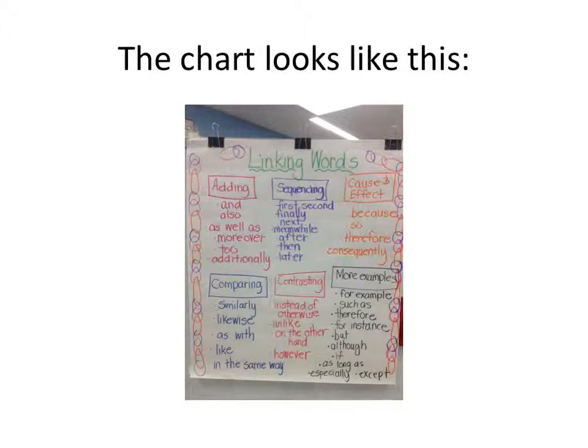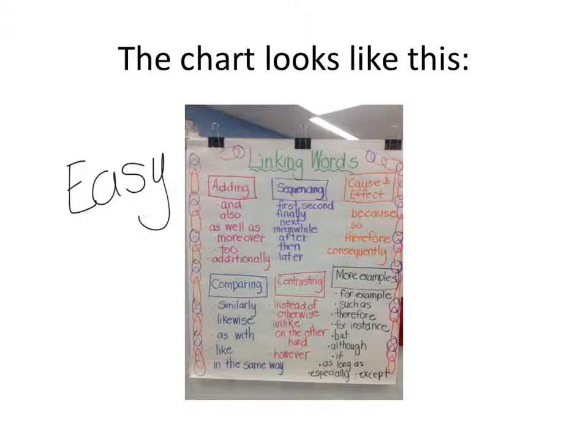We have some cause and effect, because, so. We've got for comparing, similarly, likewise, contrasting, instead of otherwise unlike, and some more examples like, for example, such as therefore, for instance, but, although. These are words you'll generally find that they're pretty easy for you to use.